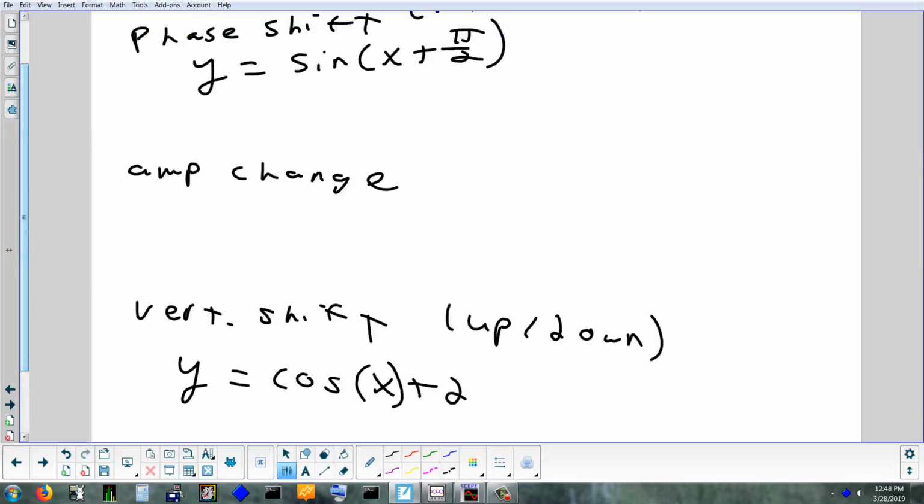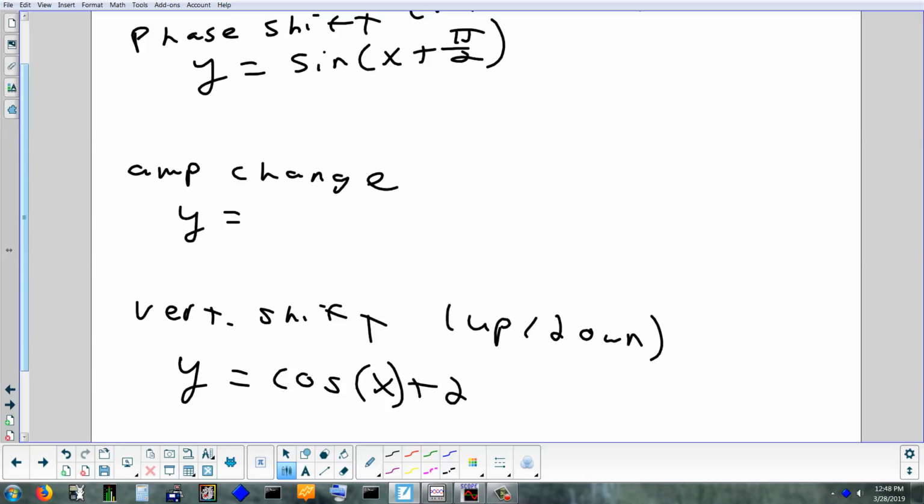Now, amplitude change. That wasn't adding and subtracting. What operation did that involve? Multiplication. Now, the one we do today, which is a period change, and the one we did yesterday, amplitude change, are both multiplication. Does anybody remember, for yesterday, where was the multiplication?